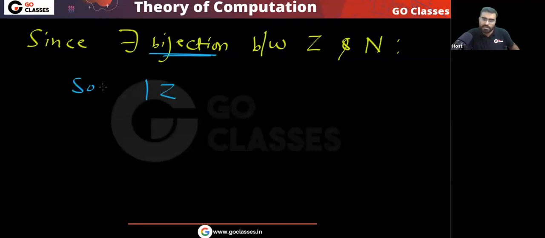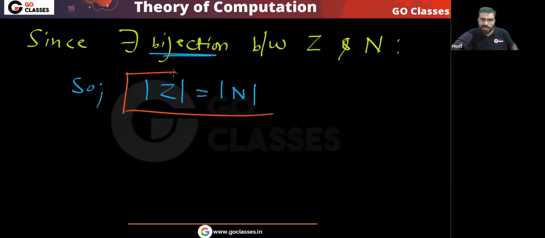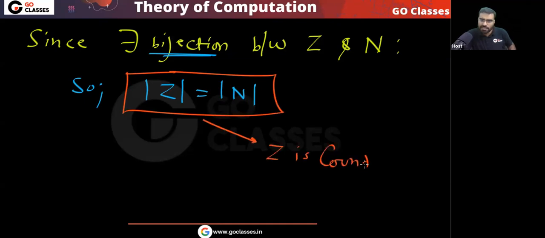I can say that they have the same size. And if they have the same size, that simply means Z is countable. Okay, is this clear? Please tell me.